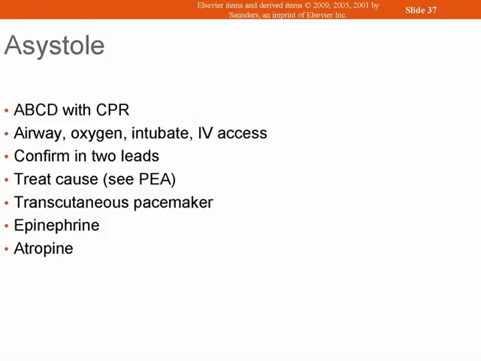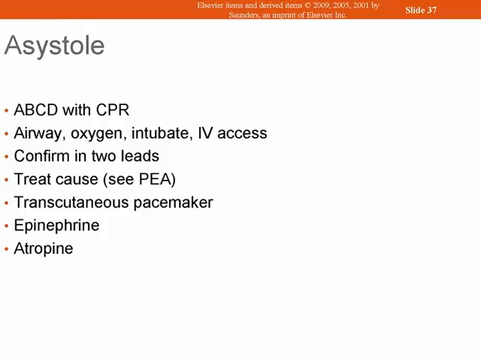Okay, so now asystole. Again, we want to do ABCD with CPR. Get an airway, get them oxygenated, intubate, IV access. Now with this asystole, you want to confirm it in a second lead, because if it's a fine V-fib, you can shock that. But if it's still asystole, do not defibrillate. Do not shock this.